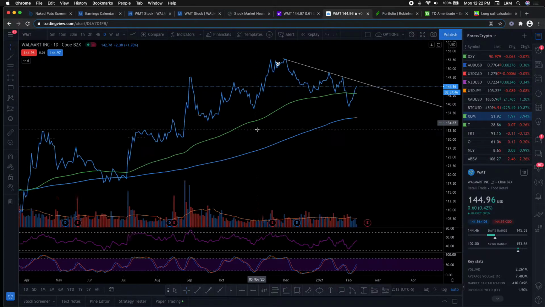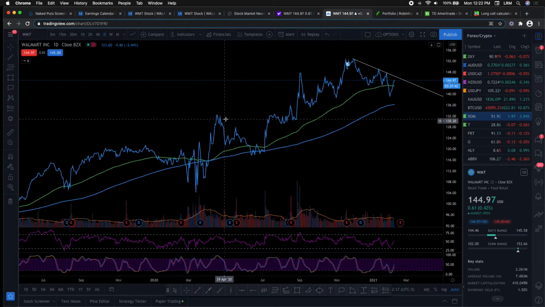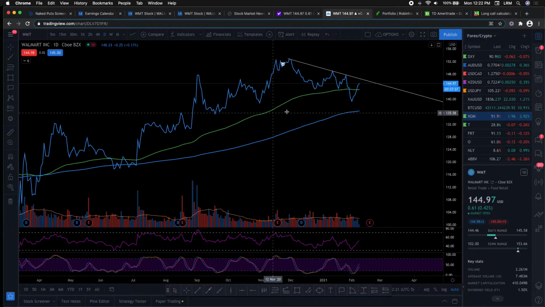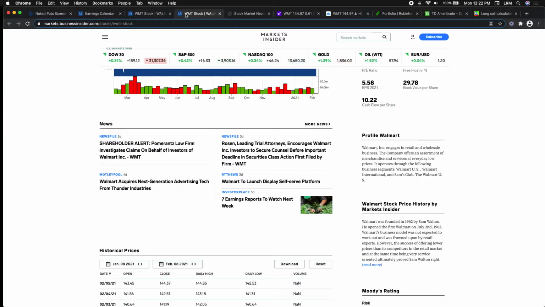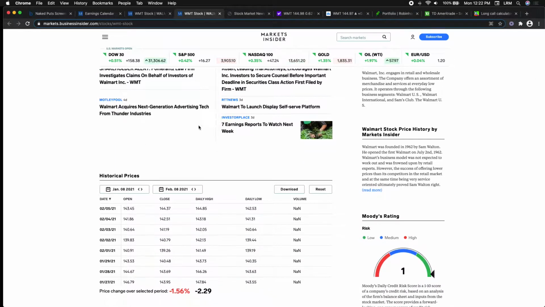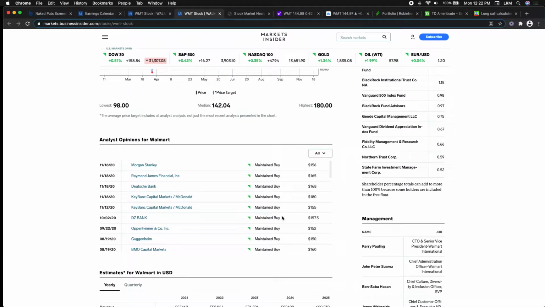All right, so I'm banking on Walmart to go up in price. I could be wrong, but at least I have the trend line here to see where I'm at in the market. And then from there, I can go back and look at the news to gauge whether I think the price is going to go up or down.